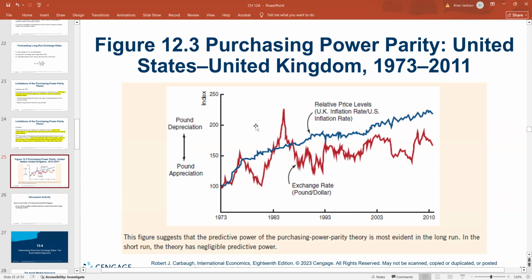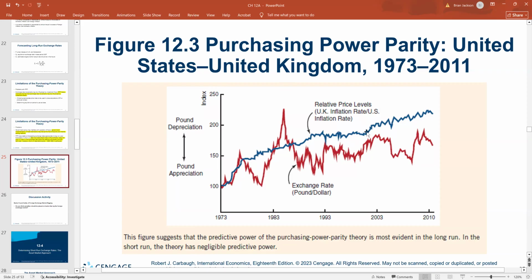Here we have purchasing power parity between the United States and the United Kingdom from 1973 to 2011. You got an index here. Basically, it says that with this blue graph right here, we're taking the UK inflation rate and dividing by the US inflation rate.